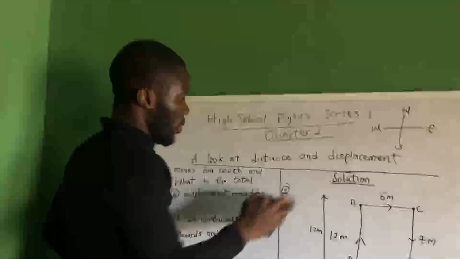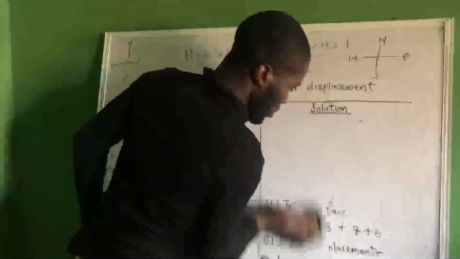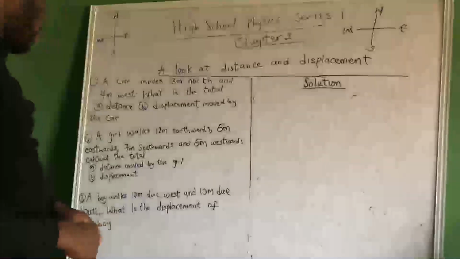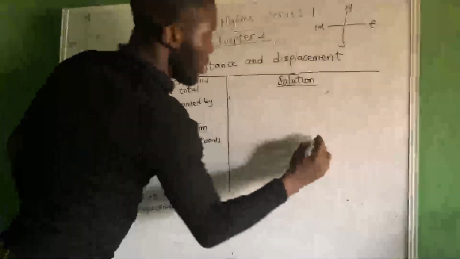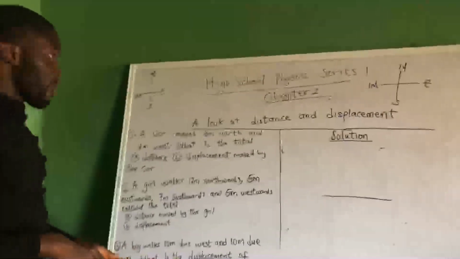Now, to the last question. The last question is, a boy walks 10 meters due west. This is west. So the boy walks 10 meters to the west and 10 meters due south.